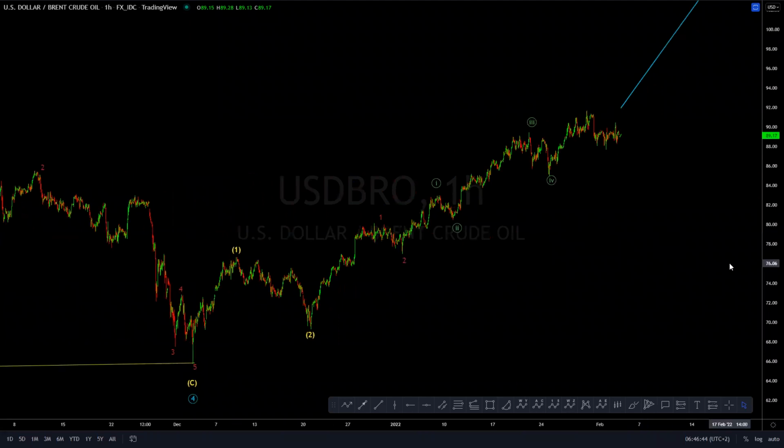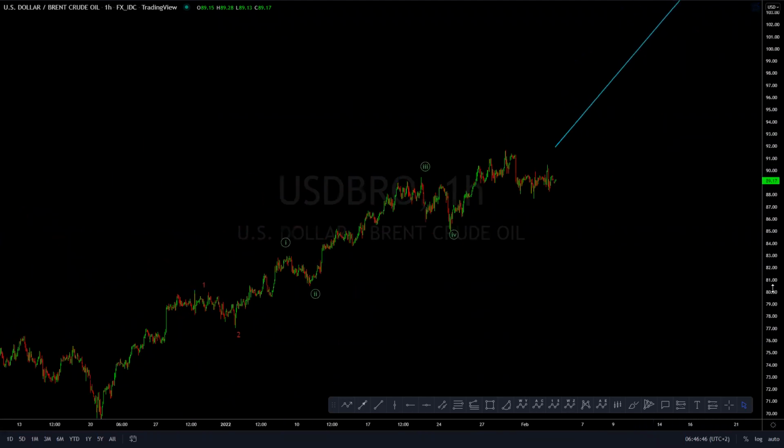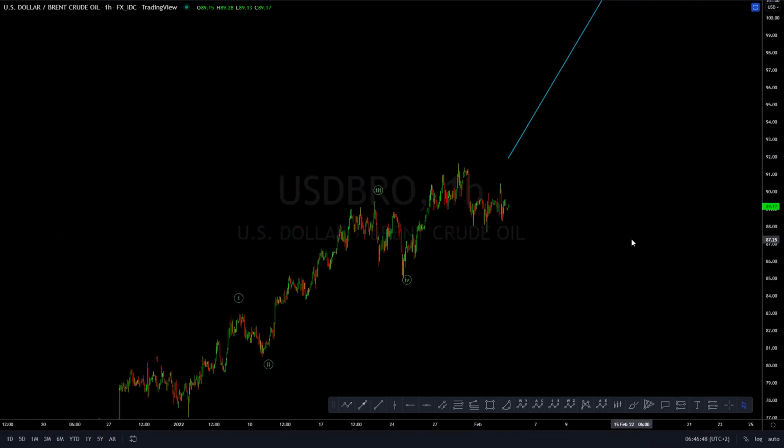So when one looks at the current structure from the peak of this high here, well, maybe starting from this low here, one can see that we have what appears to be 1, 2, possible 3, 4, 5. So it's very possible that 5 in green is done here, and 3 in red, therefore, is done there.